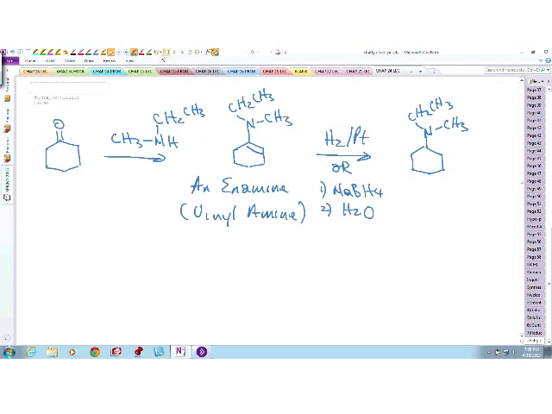The enamine that you formed here actually could be used as a source of enolate anion. Let me write this.